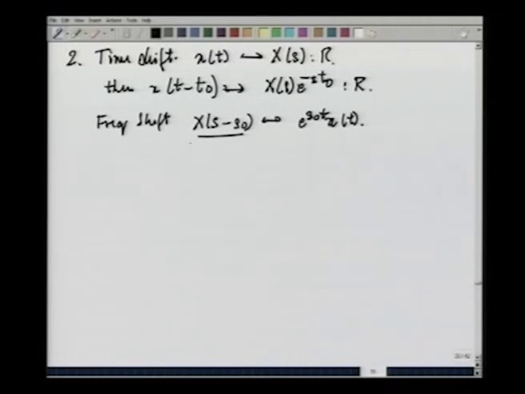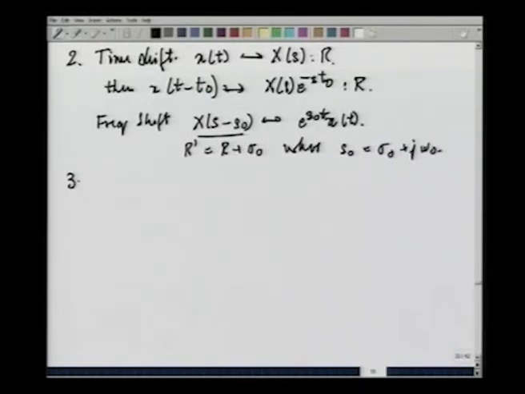So, if R was the original ROC, then the new ROC, which I will call R dash, is just equal to R plus sigma naught, where s naught equals sigma naught plus j omega naught. So, the new ROC is obtained by shifting all the old ROC points by the amount sigma naught.